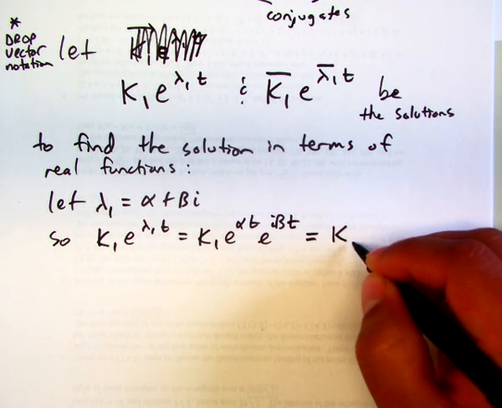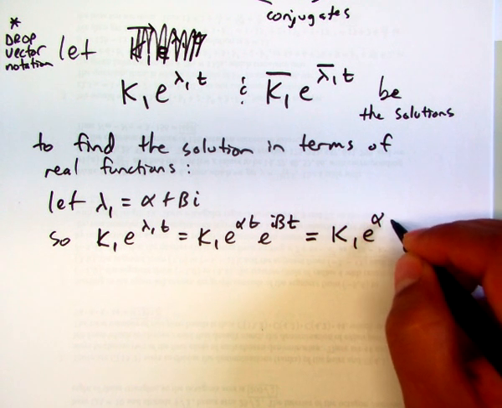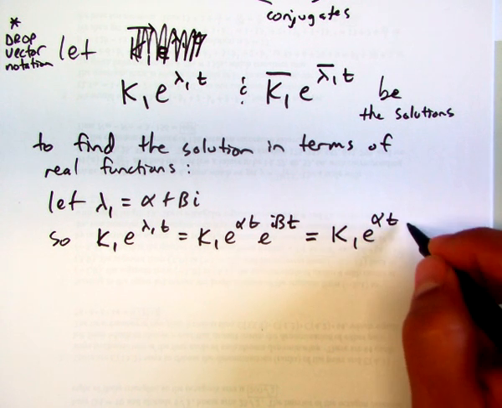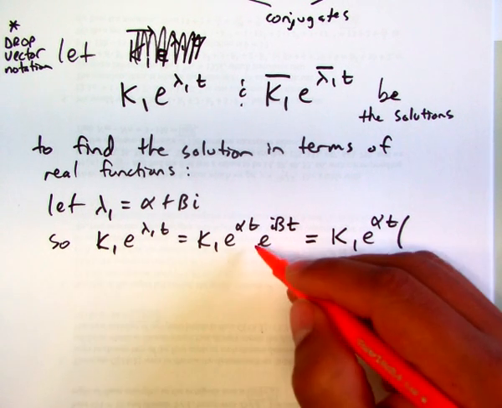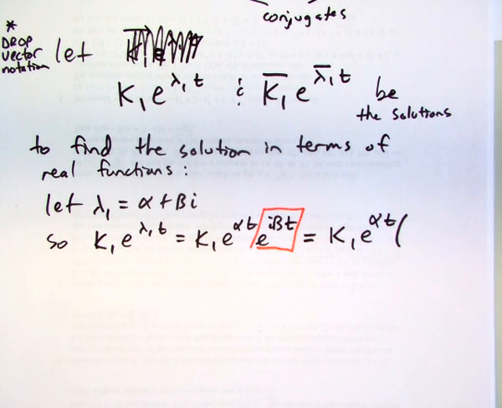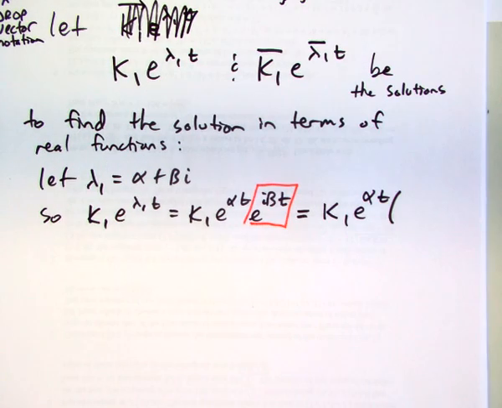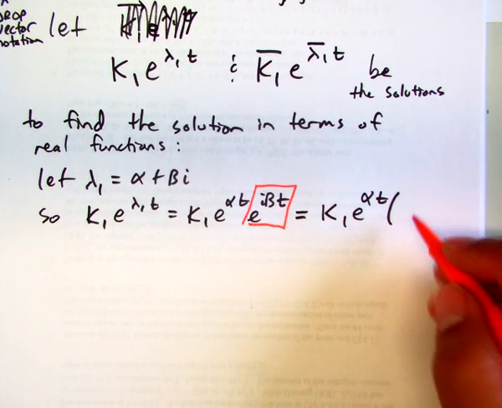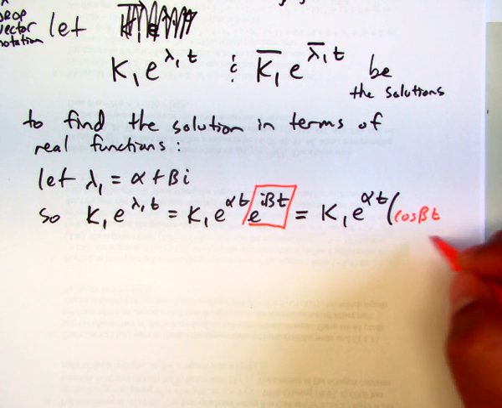So we'll have K1 e to the alpha t. And now what we'll do is replace this guy using Euler's formula, which gives us cosine beta t plus i sine beta t.